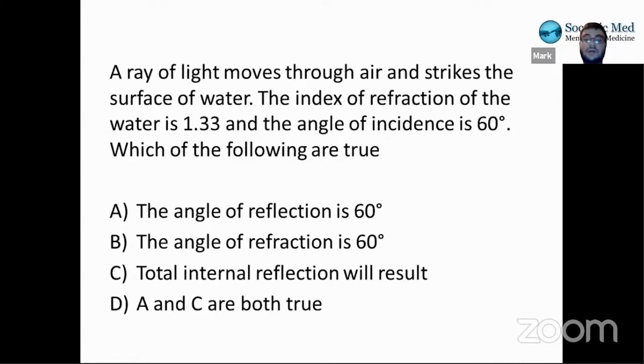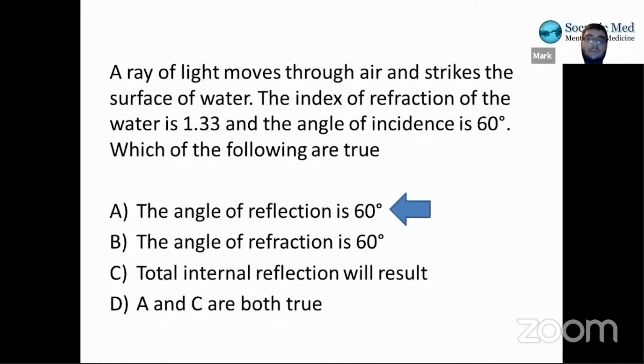Total internal reflection would occur. Again, this is not true, because total internal reflection only really happens when you go from a higher index substance to a lower index substance. If we were going from water to air, that may happen, even though it likely wouldn't because 60 degrees is too small a number.